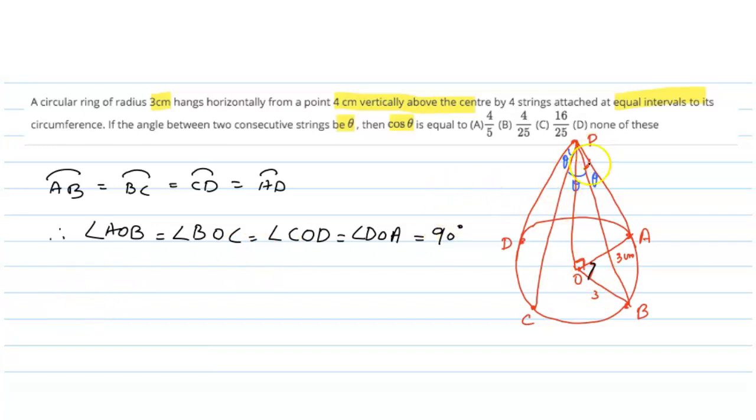And PO is perpendicular to side OA, OA is the radius, because this string is vertically above the center. This circular ring is suspended vertically from above the center. So PO will be perpendicular to OA. Then angle POA equals 90 degree.